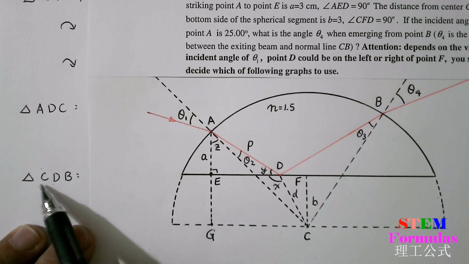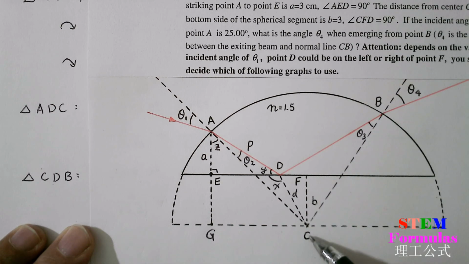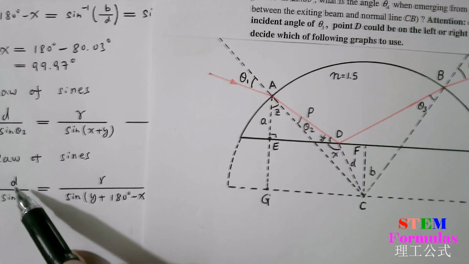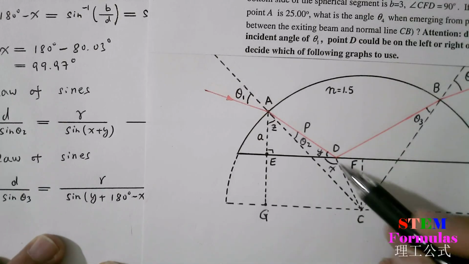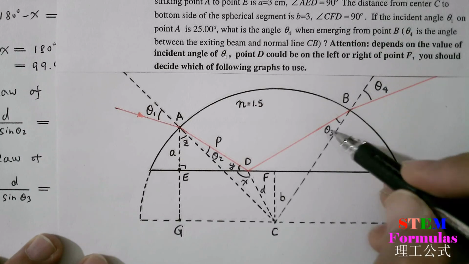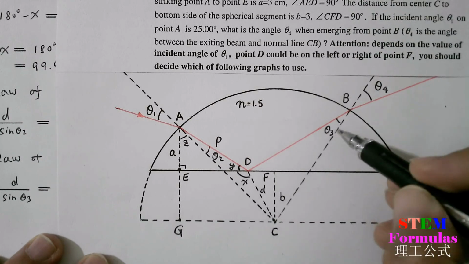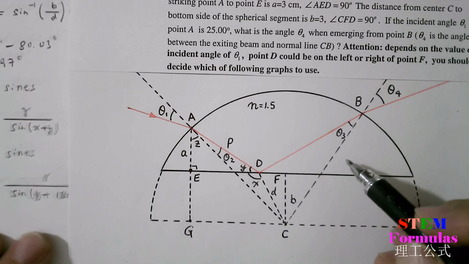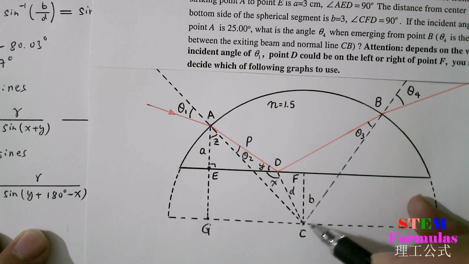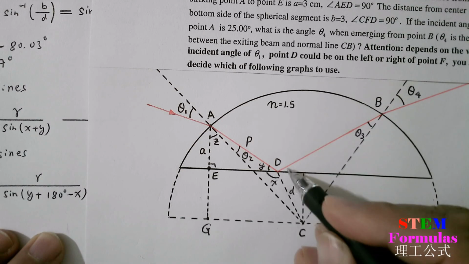For triangle CDB, D divided by sine theta 3 equal R divided by sine of this angle.